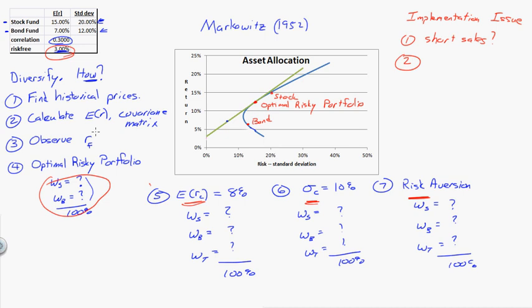Okay, but what we've done, and Markowitz, by the way, noted this in his paper, he said you need the expected returns, you need the expected covariance matrix, but we've used historical prices. We can't say that historical prices are going to give me the expected returns and covariance matrix.